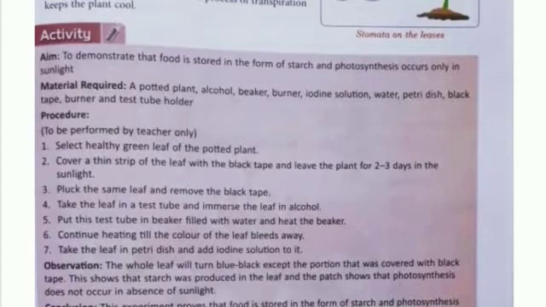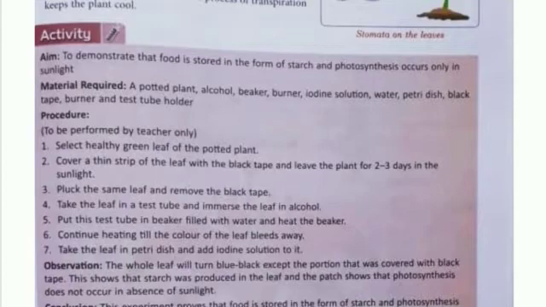There is a specific characteristic of iodine solution that it turns starch blue-black. It turns starch into blue-black color. Petri dish, water, black tape, burner and test tube holder to hold the test tube. Procedure.